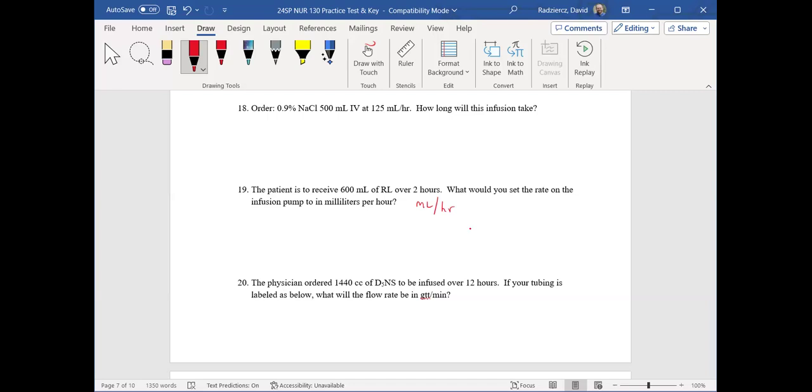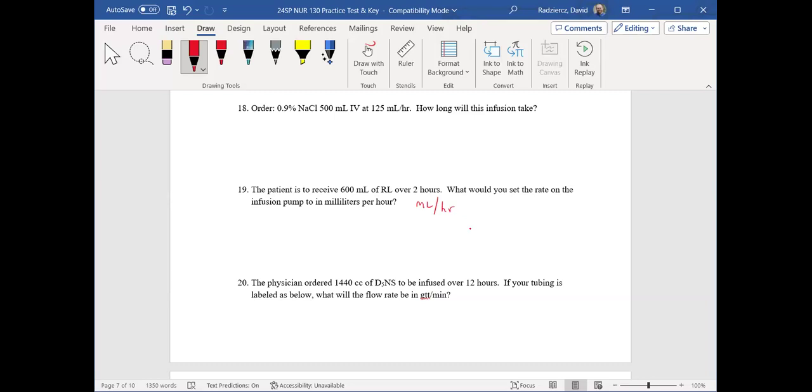It's the standard. The next time you're in a clinical setting and you see someone hooked up to an IV, look at those numbers, look at the units that are being administered. A lot of times you'll see they set the infusion at 250 milliliters per hour.